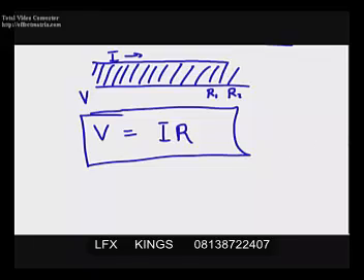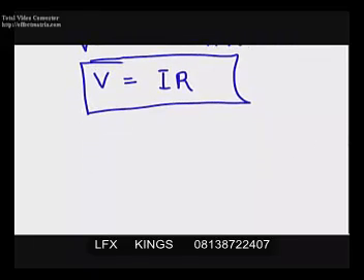So we're trying to talk about the factors that cause the resistance of a wire to change. The first factor is the length of the wire. The more the length of the wire, the more the resistance of the wire. Another factor is the cross-sectional area of the wire. The more the cross-sectional area, the less the resistance of the wire.